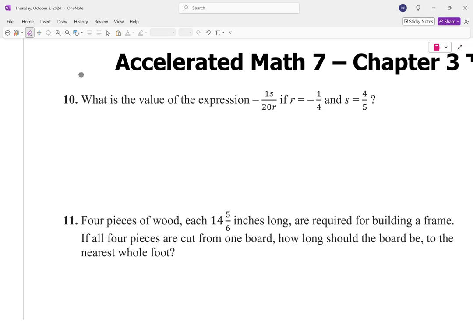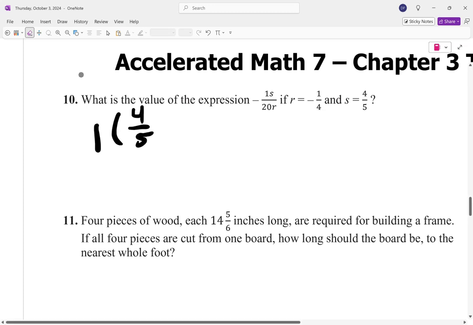So what I'm gonna do is, instead of saying plug in, you never want to say plug in, but you want to say substitute instead. So we're gonna substitute 4/5 with a parentheses and negative in front.